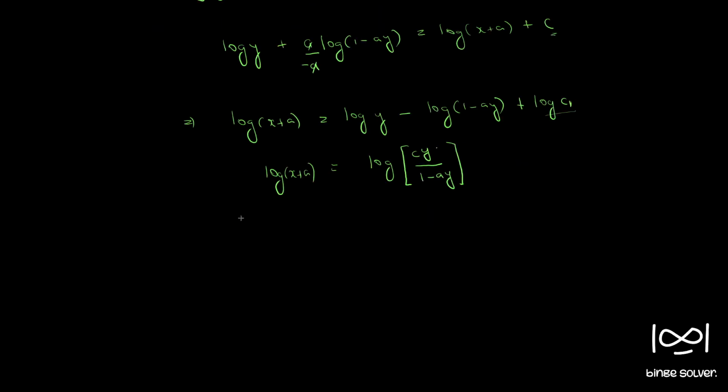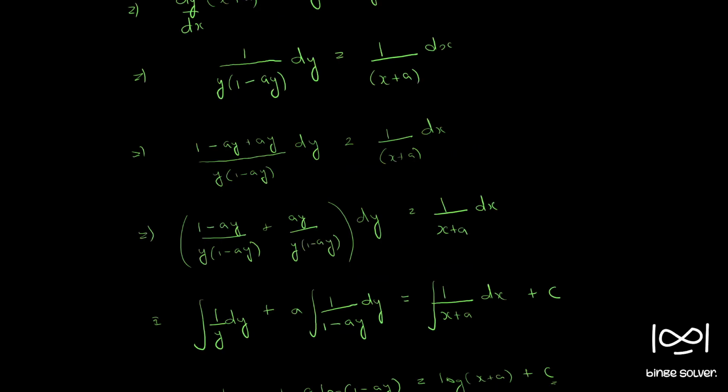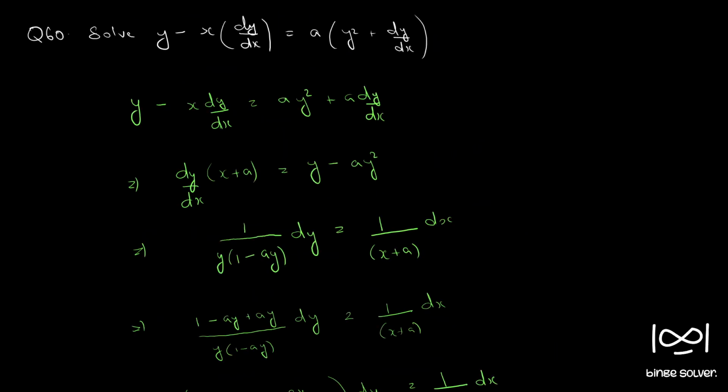So this becomes x plus a, we can take e to the power on both sides, which gives x plus a is equal to cy by 1 minus ay, or x plus a into 1 minus ay is equal to cy, where c is an arbitrary constant, which is the required solution. This is the solution to question number 60.